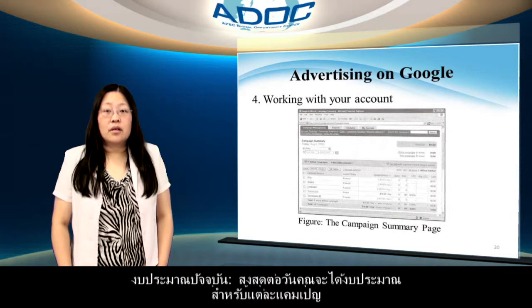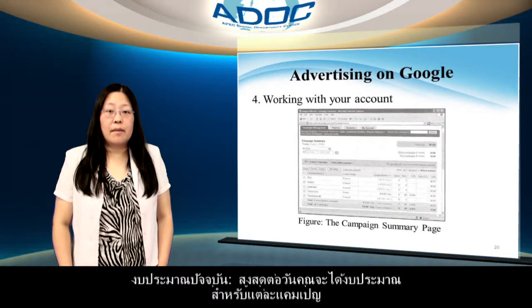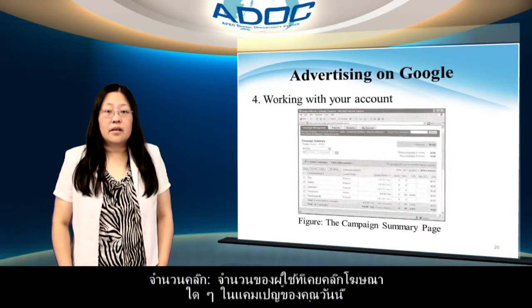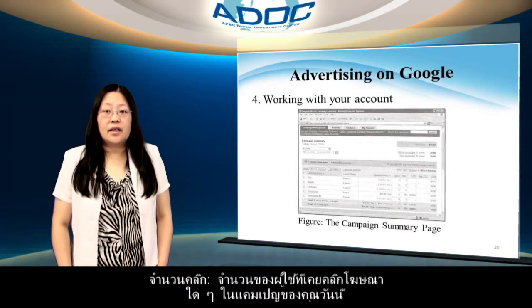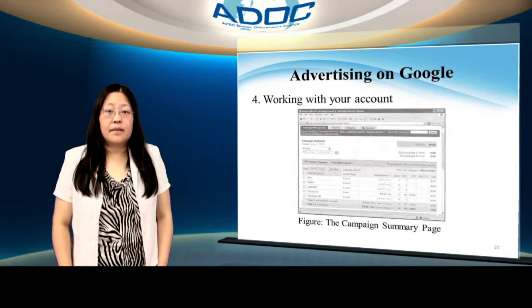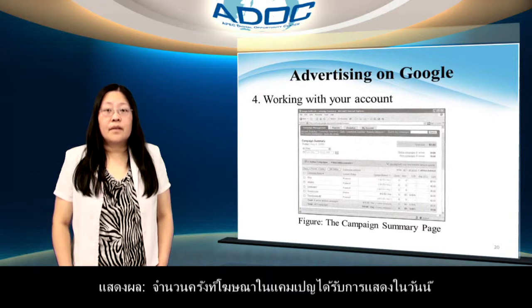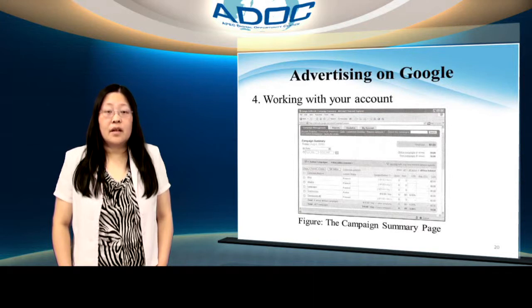Current budget, the daily maximum you have budgeted for each campaign. Clicks, the number of users who have clicked any ad in your campaign today. Impressions, the number of times the ads in the campaign have been displayed today.